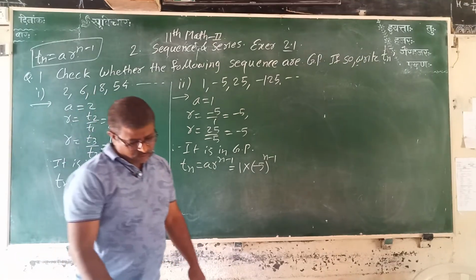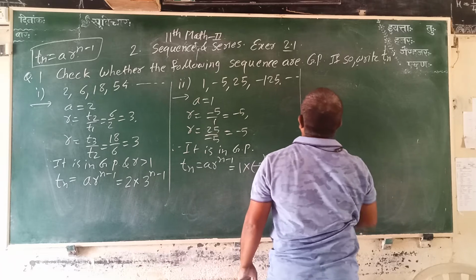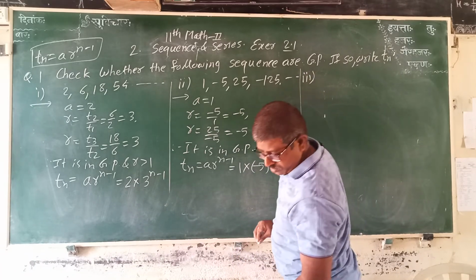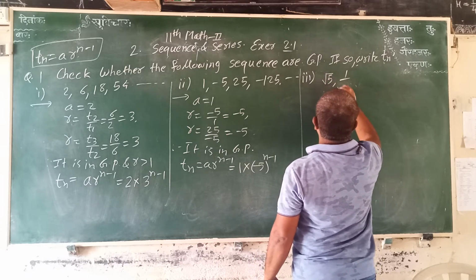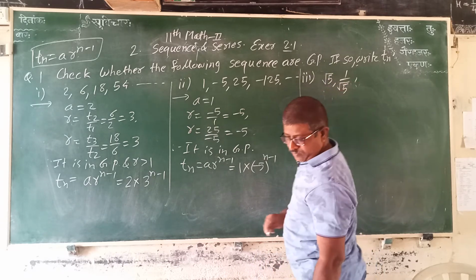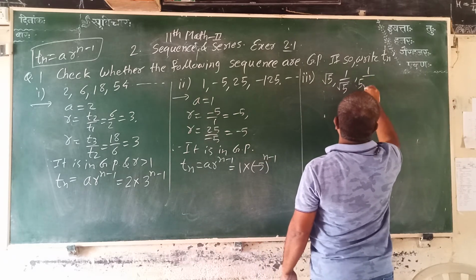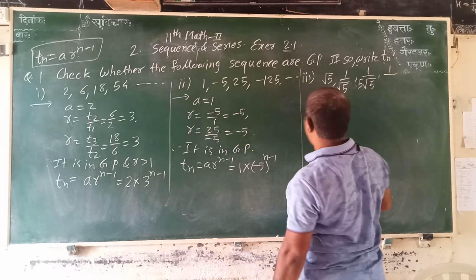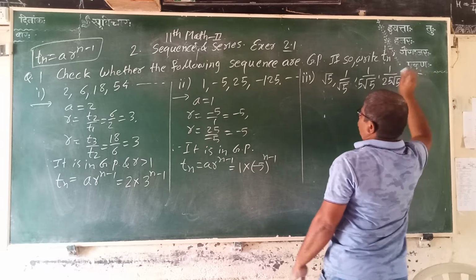Then we take the next example, number 3. Here it is root 5, 1 upon root 5, 1 upon 5 root 5, 1 upon 25 root 5, and so on.